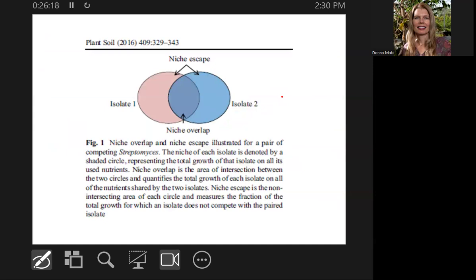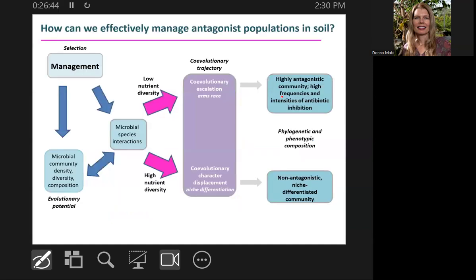So this is a different way of showing that niche differentiation. Niche escape is more like niche differentiation and niche overlap. Does that make sense? Okay. So sometimes a monoculture is not all bad. It has some disadvantages in other aspects, but in this particular case, when they were trying to find those inhibitory properties, the phenotype, then actually in this flow chart, you want to force the top flow there.